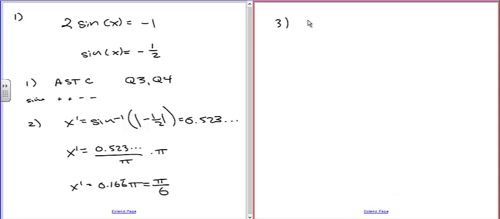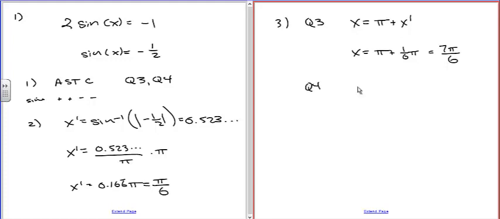Now we have the third quadrant solution, and for the third quadrant the solution is pi plus the reference angle. So x is equal to pi plus 1/6 pi. So 1 pi is 6/6 pi. So 6 plus 1/6 is 7/6 pi, or 7 pi over 6.